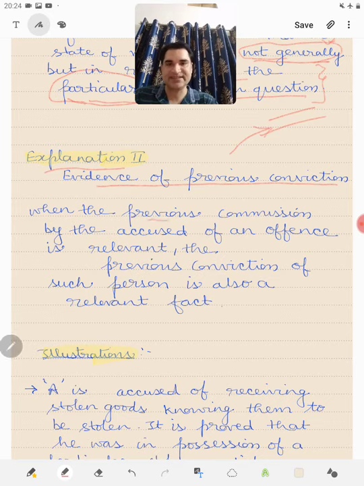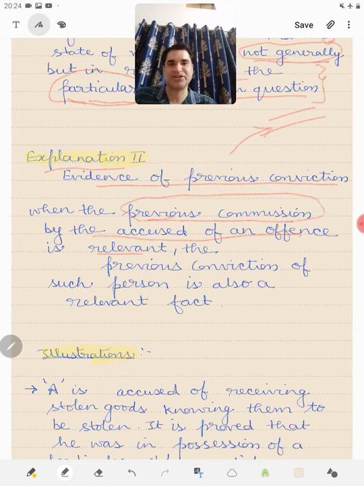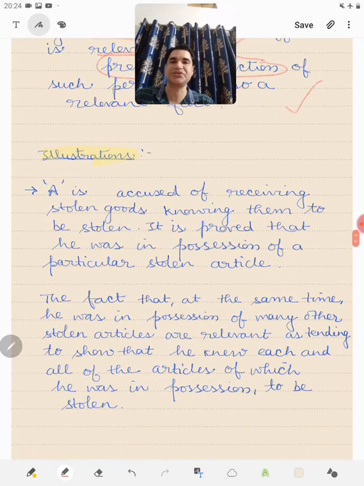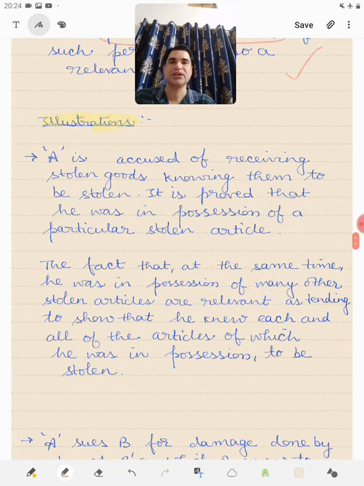So how do we prove the previous commission? It can be proved by previous conviction. When the previous commission of an offense by the accused is relevant, the previous conviction of such person is also a relevant fact. Now certain illustrations which have been attached to it are important.